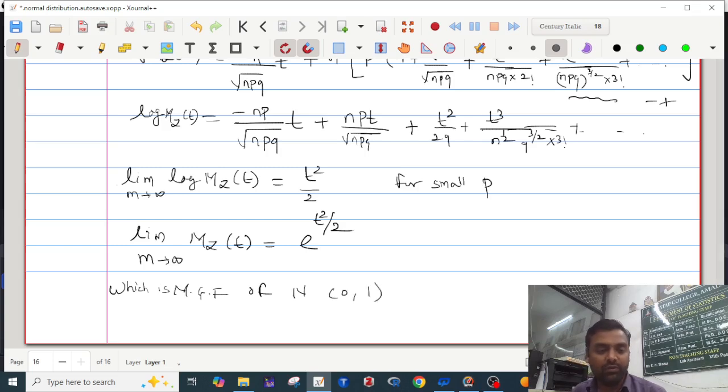Therefore by the uniqueness property of mgf, z, which is equal to x minus np upon under root of npq, follows normal 0 1 if x is binomial np, as n tends to infinity.